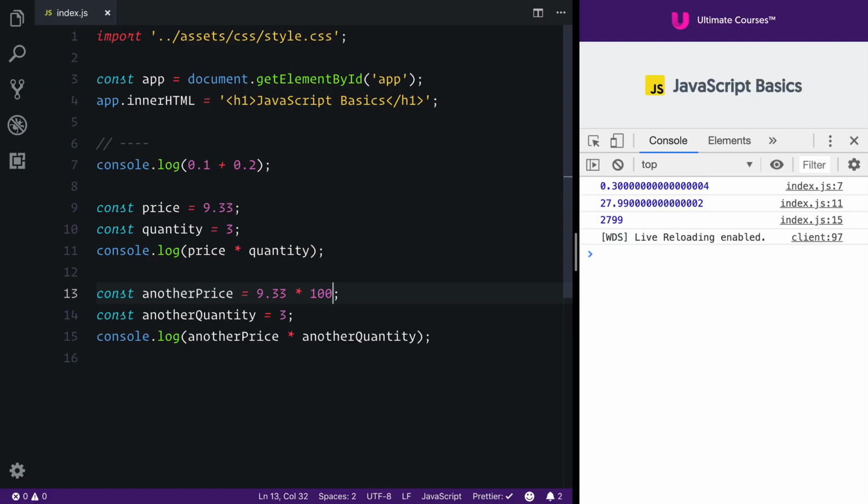The interesting thing and the key thing to remember in this video is that when we deal with integers, which are the whole numbers here, we can perform blazingly fast and super accurate mathematical operations such as multiplication or addition and so forth. So what then happens when we want to have our another price? All we would need to do here is divide it by 100, and you can see that we have 27.99.